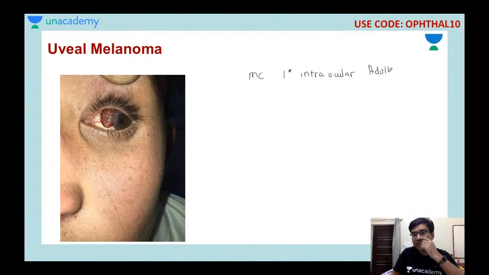If the question changes and they ask about the most common primary intraocular tumor of children, then your answer is different. What would be the answer? Can you tell me in the comment section? The answer would be retinoblastoma. So both of them are different here.